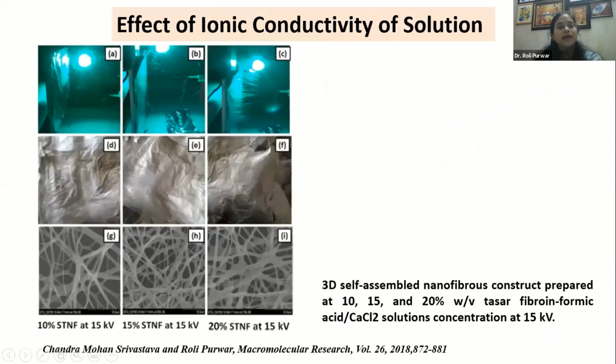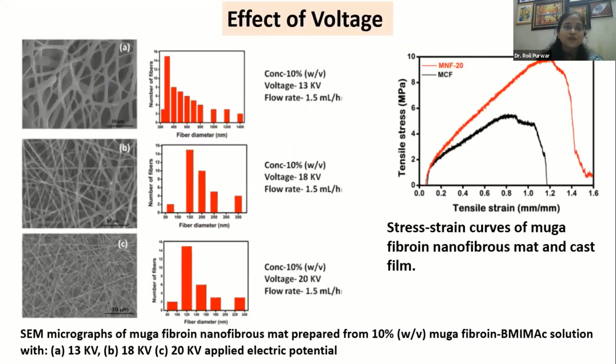Another parameter which affects the processing is the ionic conductivity of the solution. Here we developed a 3D self-assembled nanofibrous construct for tissue engineering application. We changed the solution parameter a little bit. Initially, the fibers we showed you were dissolved in ionic liquids.